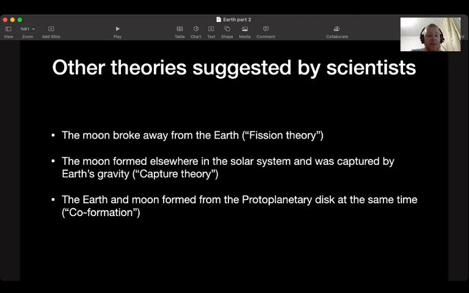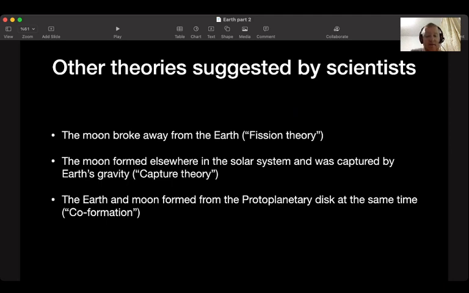And theory three, the Earth and Moon formed from the protoplanetary disk at the same time. So they think the Moon and the Earth might have formed together without any collision.